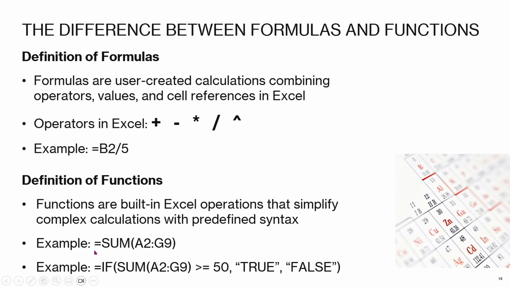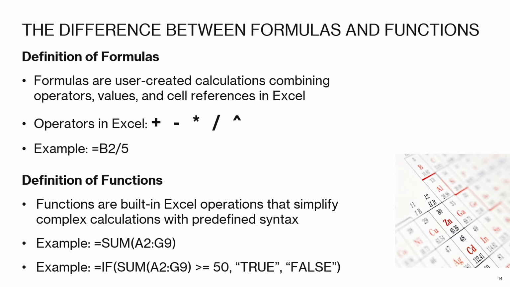Now, functions are the built-in operations that simplify complex calculations with, as it says, predefined syntax. So, for instance, here, this function, I should say, is called SUM. Sum, just as it sounds, is to add numbers together. And the format would be you would put the equal sign, the function name, and within parentheses, you put the parameters that are required for it to do the calculation.